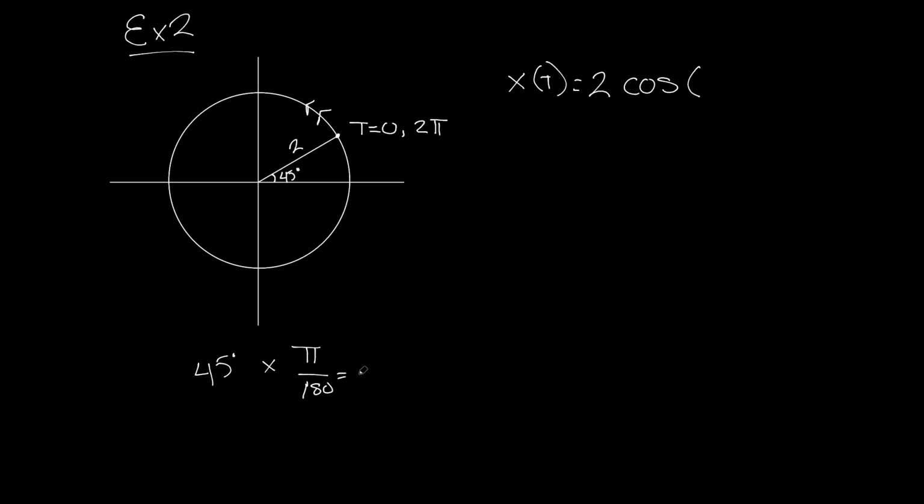So we get pi over 4. And since it's going positive, it'll be plus t. And then the same for y of t, except it'll be 2 sine pi over 4 plus t.